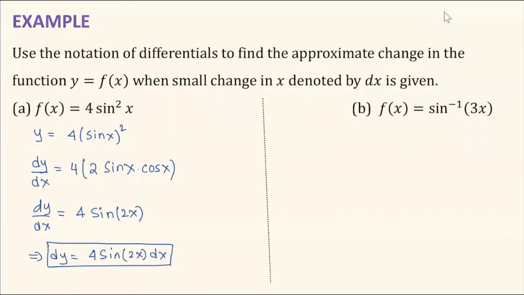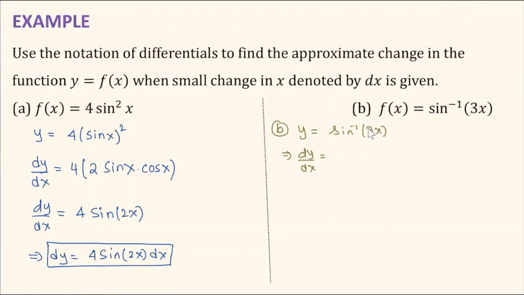Okay, B. In B we have f of x, that is y, equal to sine inverse 3x. Now the derivative dy over dx: you can see this is the inverse sine function, and also a composite function. Your outside function is sine inverse and inside function is 3x.